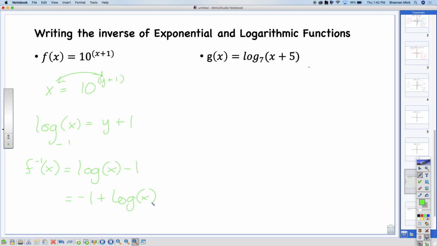It doesn't matter which one I do. The constant can be in the front or the back. The only time I usually put it in front is if my log has a negative on it. You can write it either way.